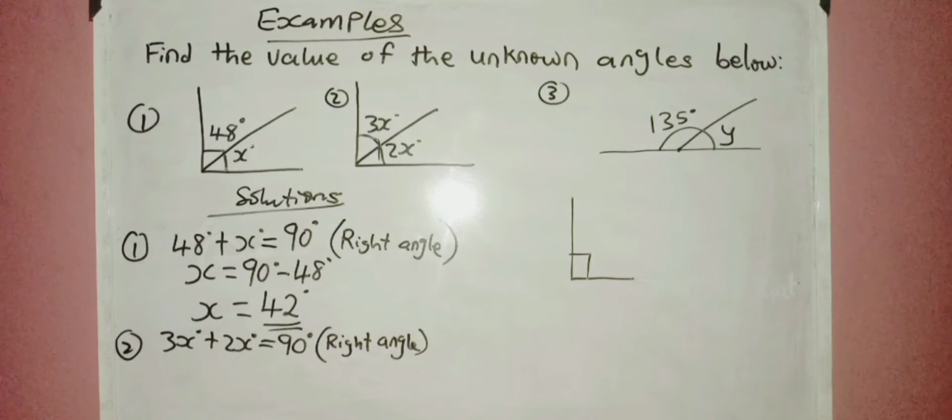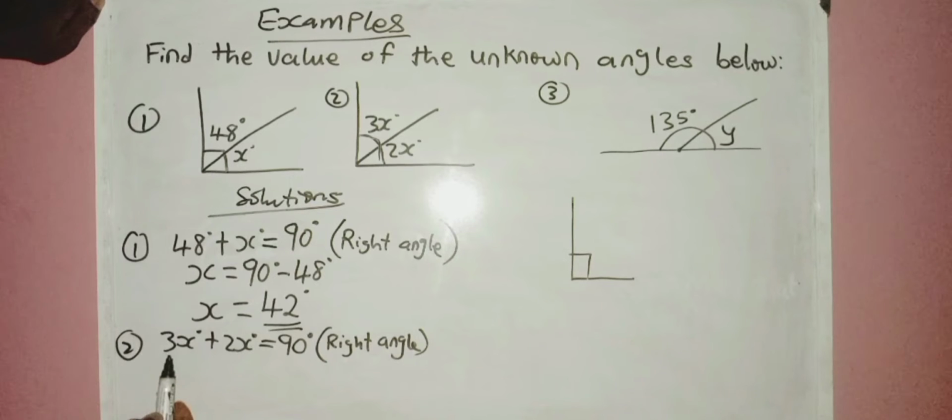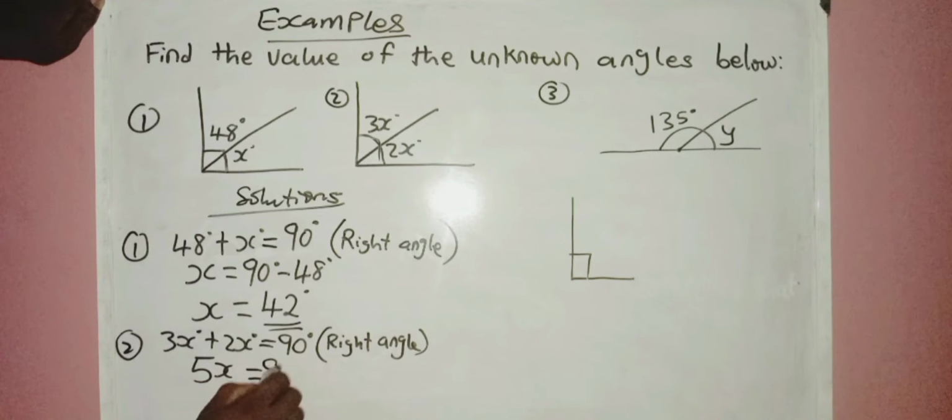All right, so we can now add up. 3x plus 2x will give us what? 5x equal to 90 degrees. So divide both sides by the coefficient. That will then be x is equal to 90 divided by 5.